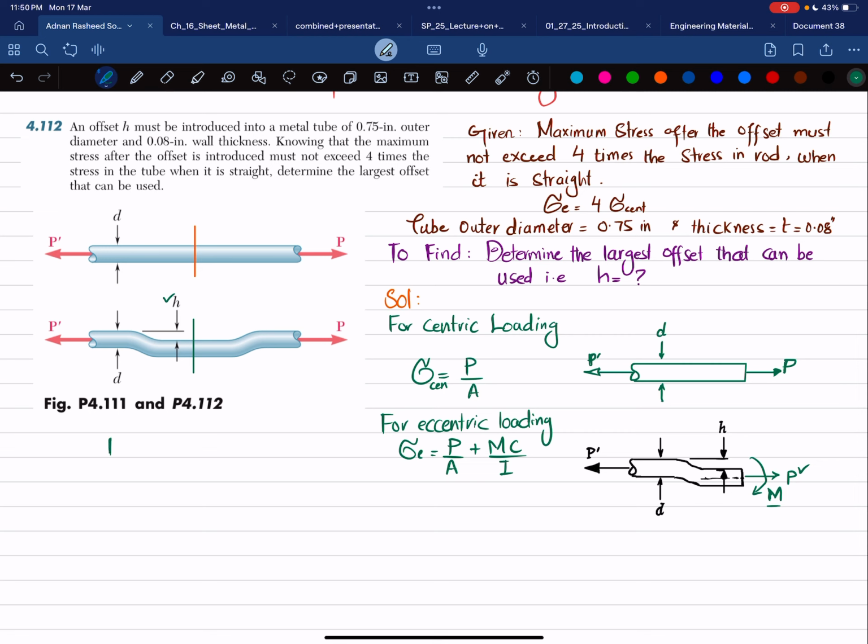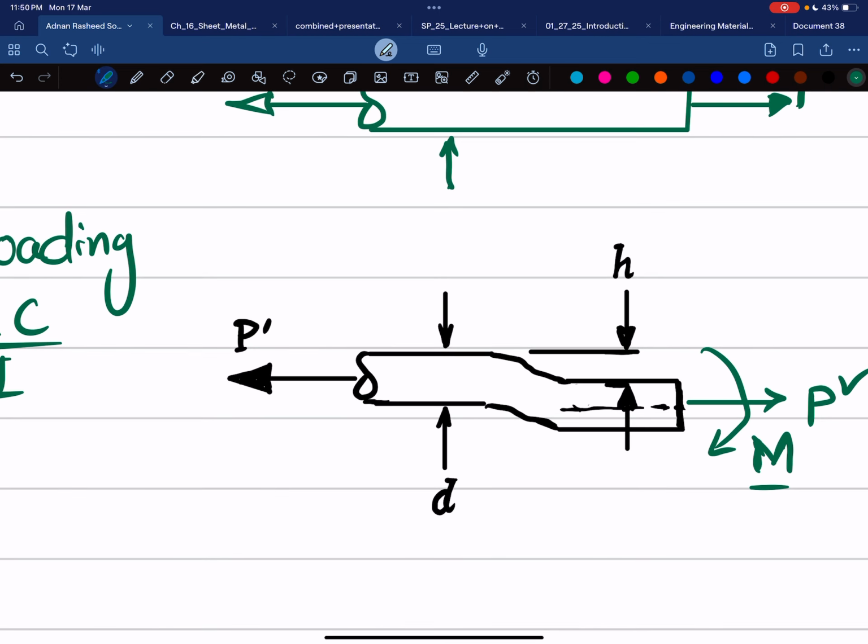Let me show you over here. If I zoom in, you can see this is the offset distance, and if I extend this line, you can see this distance is h. Similarly, when you cut it, you will have this force, acting at the center, at the same distance h.